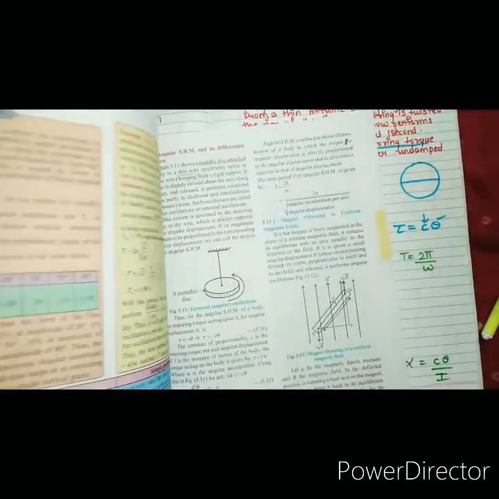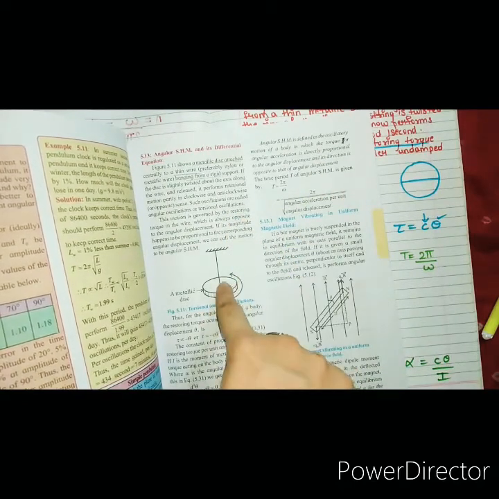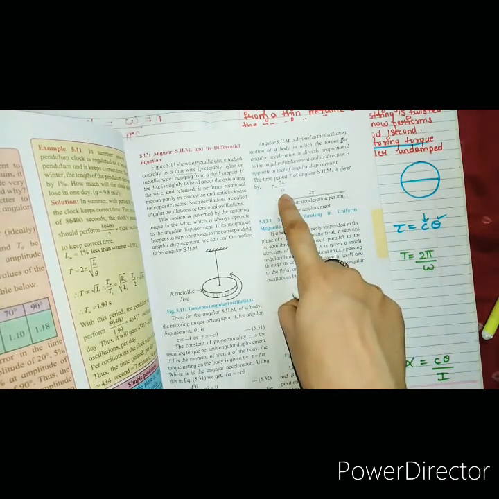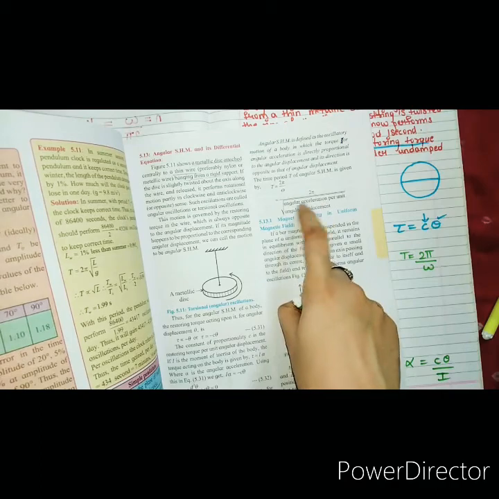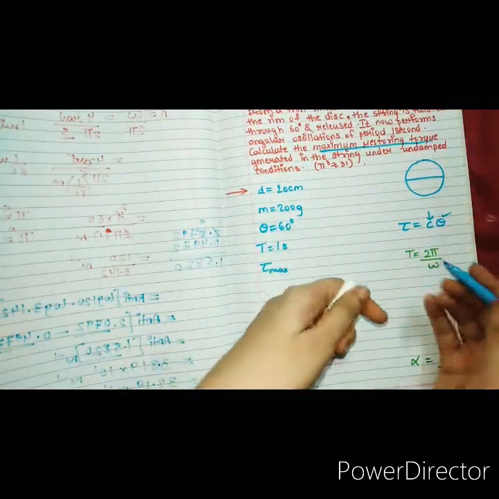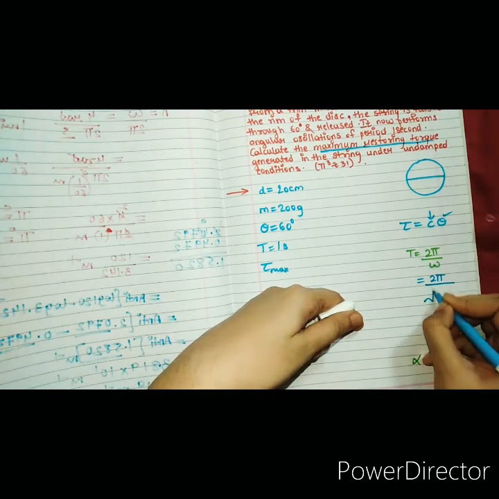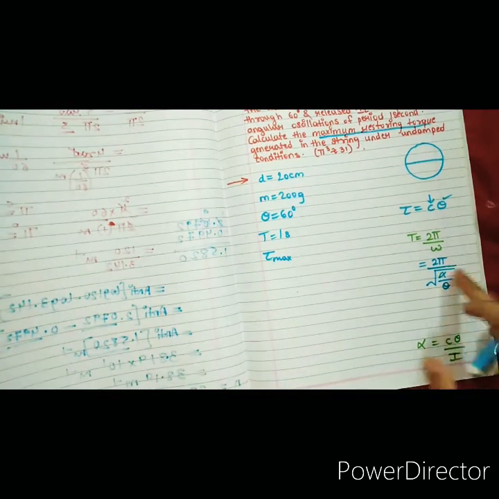And what else we have? For this metallic disc tied to a string, we also have the formula for time period, that is 2 pi upon omega, and omega is nothing but under root angular acceleration upon angular displacement, that is alpha upon theta. So I can write here 2 pi upon under root alpha upon theta. But what is alpha?